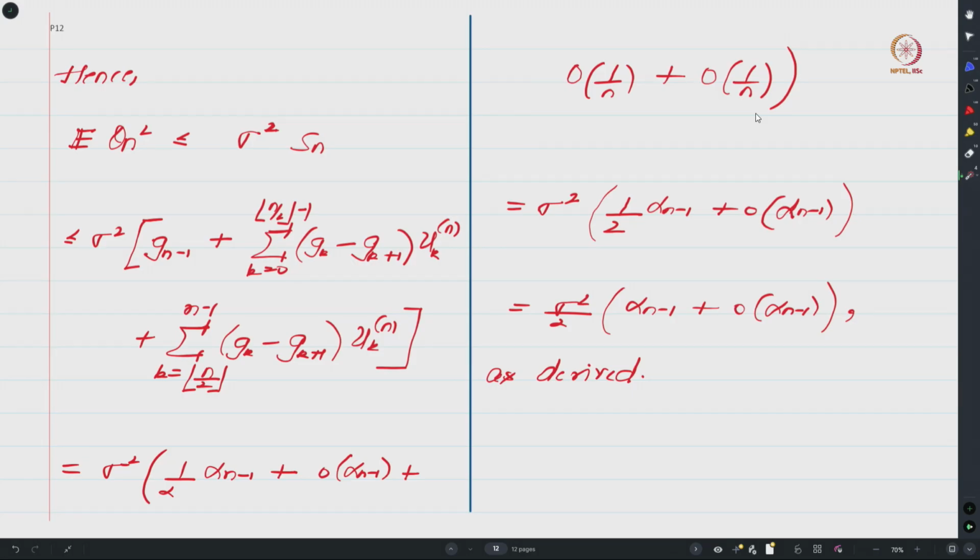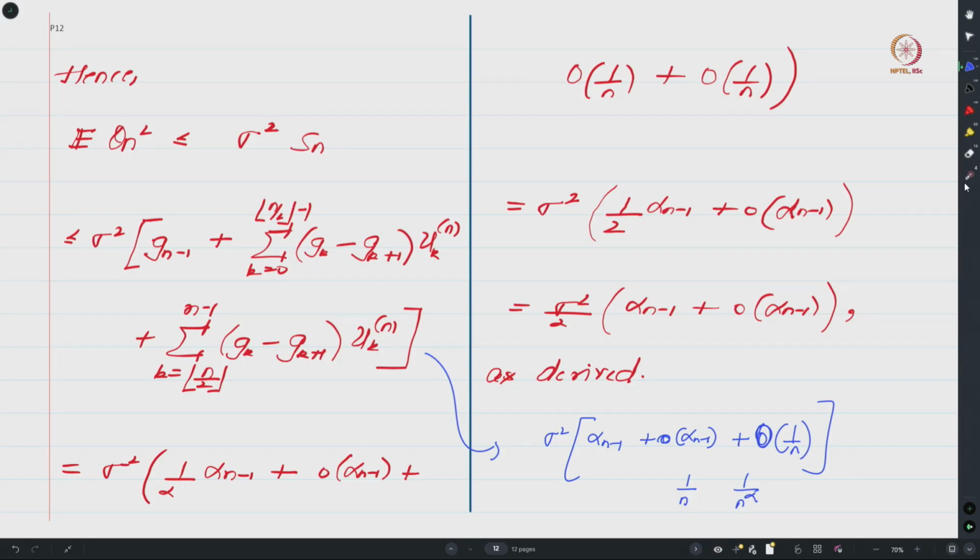So hence one can conclude that the whole thing is of the form sigma square alpha n minus 1 plus little o of alpha n minus 1 plus order of 1 over n. This is big O, whereas this is little o, and we know that 1 over n decays faster than 1 over n raised to alpha.